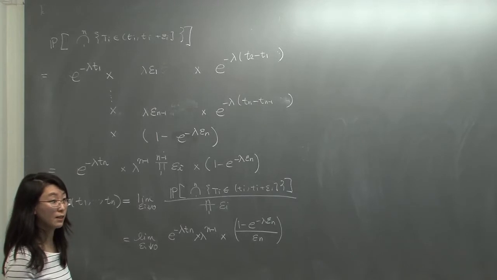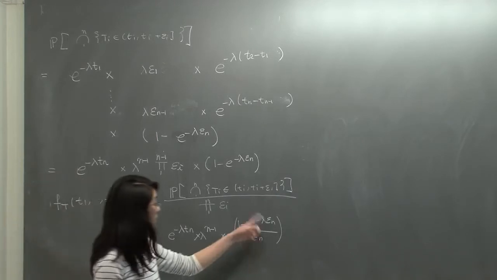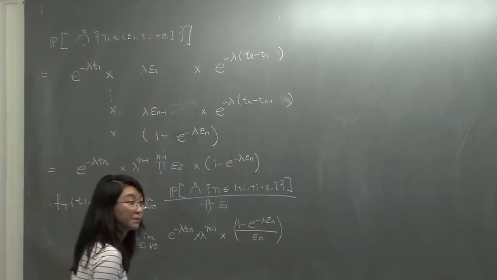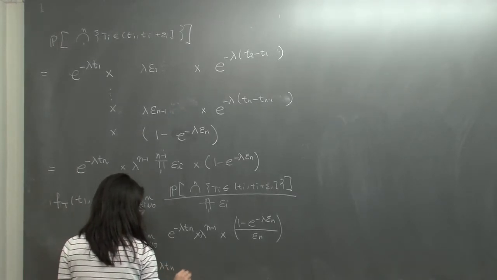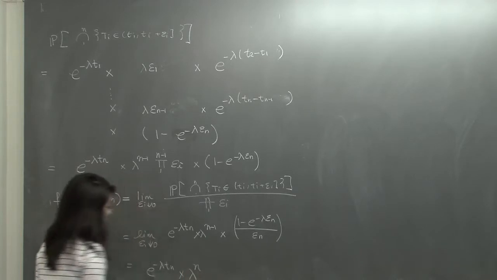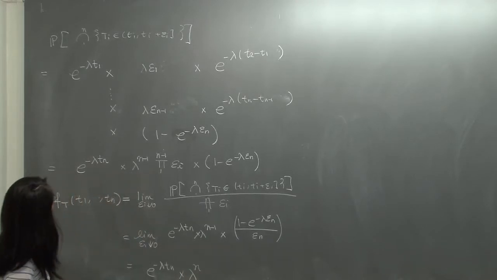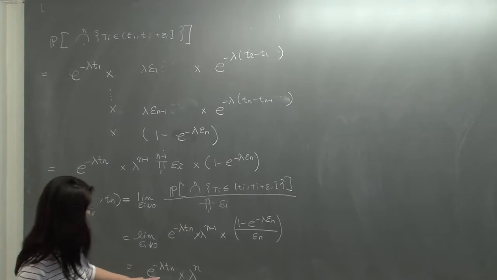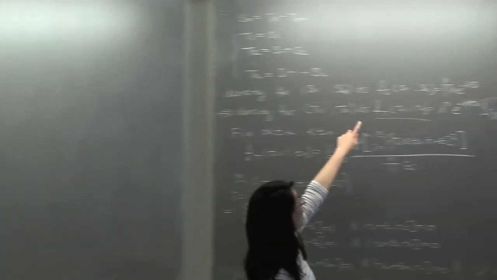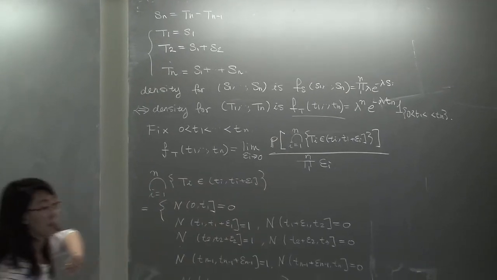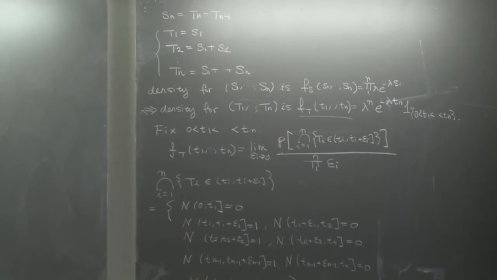And now we let epsilon n go to 0. So the last term will have a limit lambda. So this shows that the density function for T1 to Tn is given by this form, and it is equivalent to say that the density for S is given by the product of exponential laws. So this proves the first property.